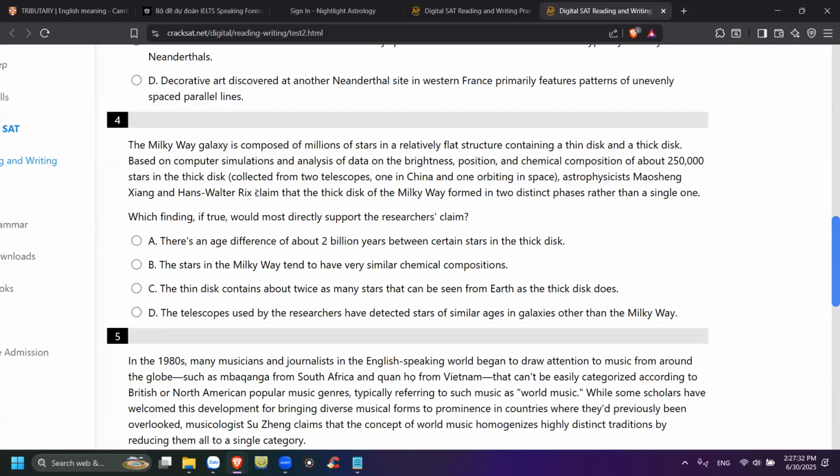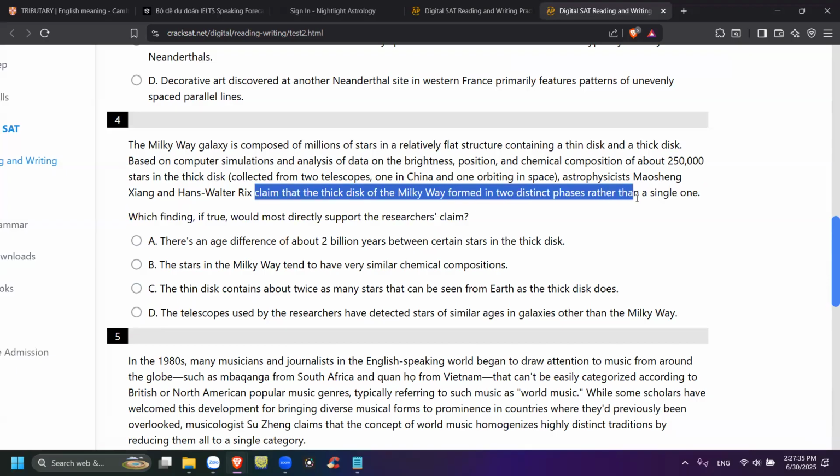They claim that the thick disk of the Milky Way formed in two distinct phases rather than a single one. We have to find supporting evidence. An age difference of 2 million years between certain stars in the thick disk, not it. If they have similar chemical composition as in B, that doesn't explain that they formed in two distinct phases. The thin disk contains about twice as many stars visible as the thick disk. It only talks about the amount of stars, not two different phases of formation.